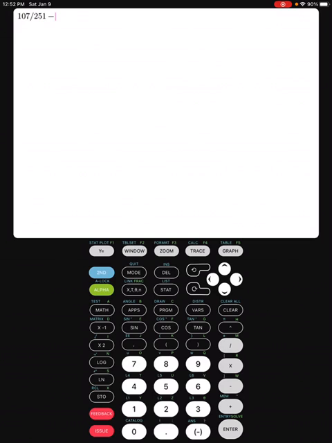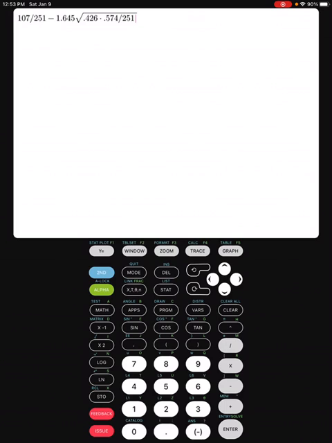Now, I'm going to do the minus one first, because when I write my interval, the lower number comes first in my interval. So I'm going to do the minus 1.645 and then square root of 0.426 times 0.574 divided by 251.